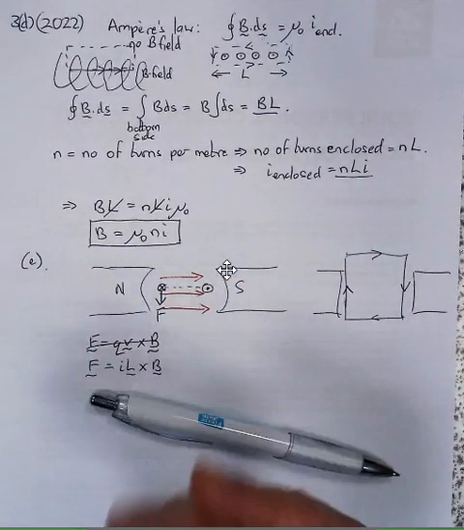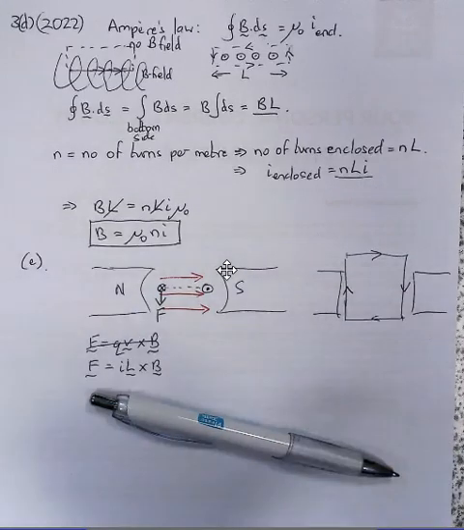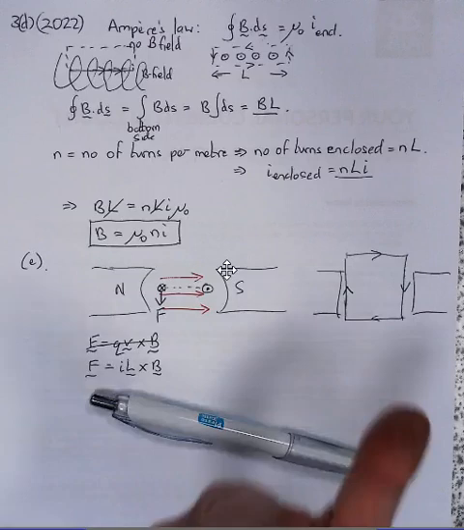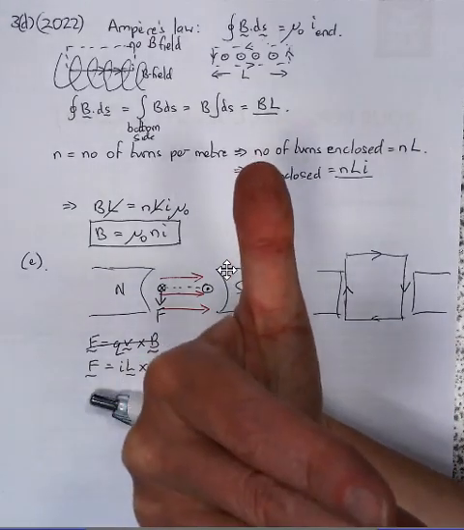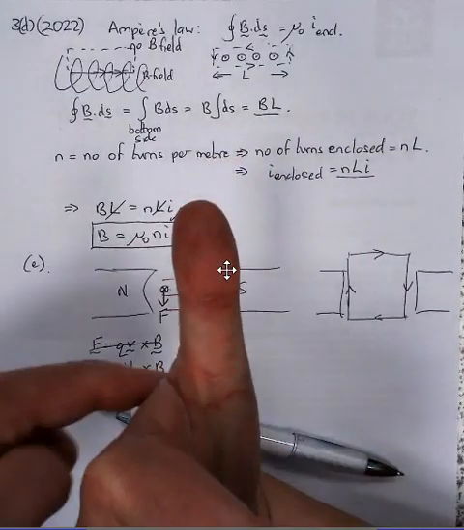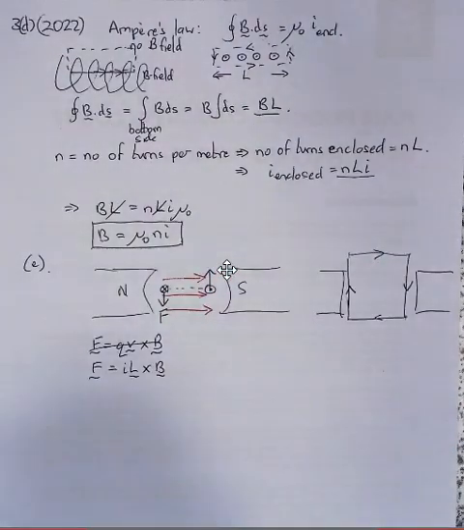And if I think now of L coming out of the page for this side, it's hard to show, but it's coming out and the B field is going that way, so it's twisting that way, so the force is going up there. And so you get a couple, or a torque on the coil, which makes it rotate. And that's the basic idea of a motor. Again, if you want more information, refer to your notes. And that's all I'm going to say about question 3.